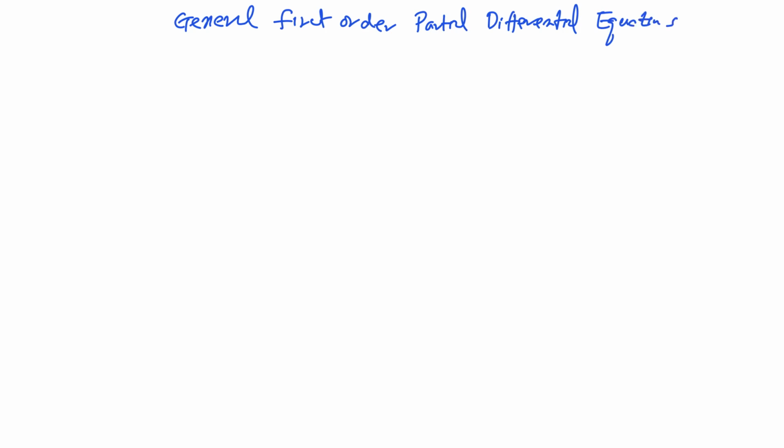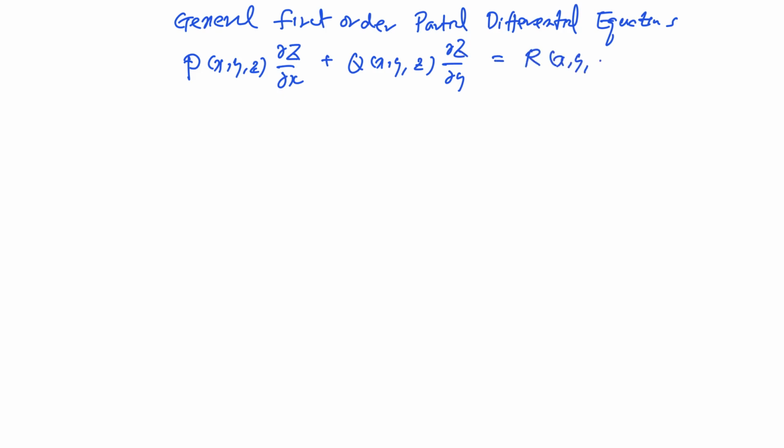So we are talking about general nonlinear partial differential equations such as P(x, y, z) partial z over partial x plus Q(x, y, z) partial z over partial y equals R(x, y, z).